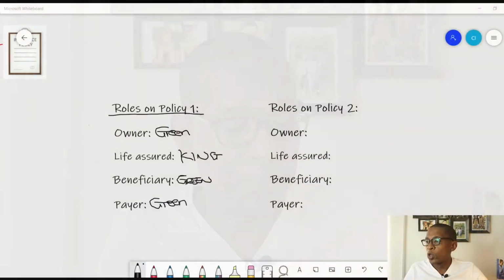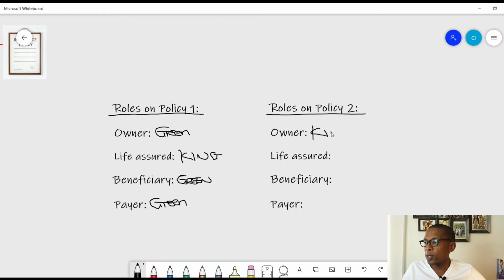So before the death of Mr. King, he would have also taken out a policy on the life of Mr. Green. So in terms of the roles on the second policy, Mr. King would have taken out a policy as the owner of the policy.